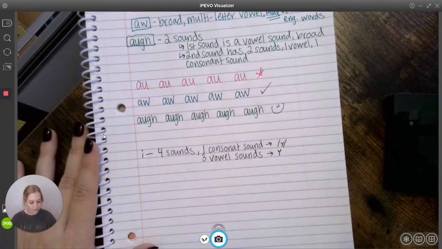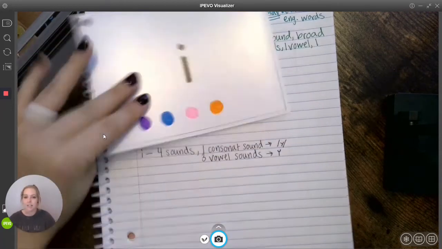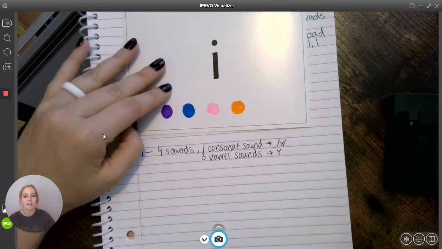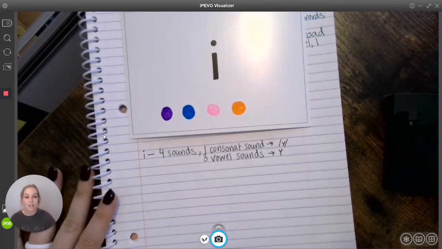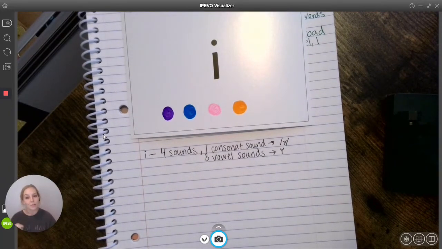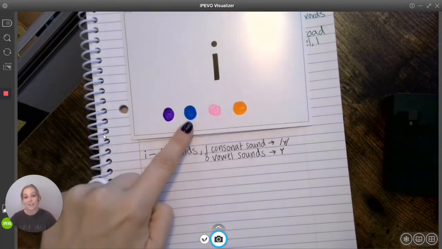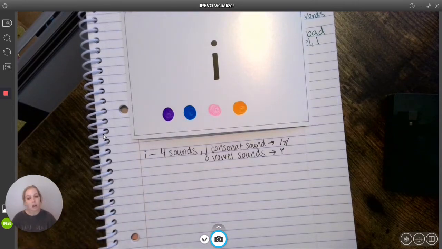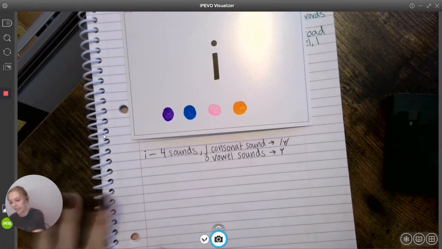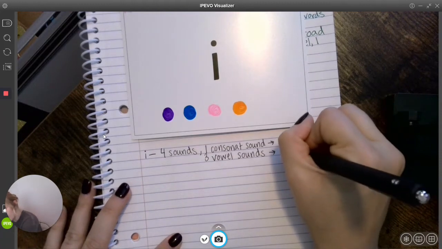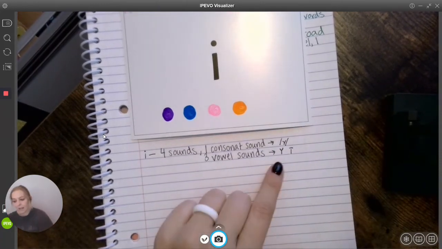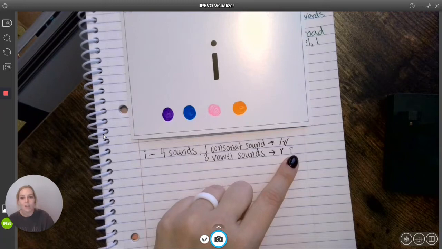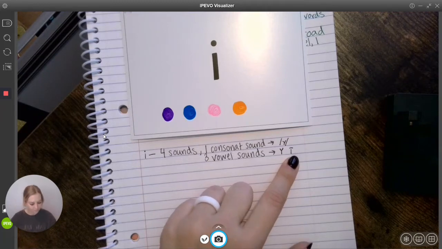What sound is the long sound? Which one is the long sound? There are two, but what's the first one? I. Good job. And how do we mark a long vowel sound for I? We put a line or a macron over it. So we have short breve, long macron.